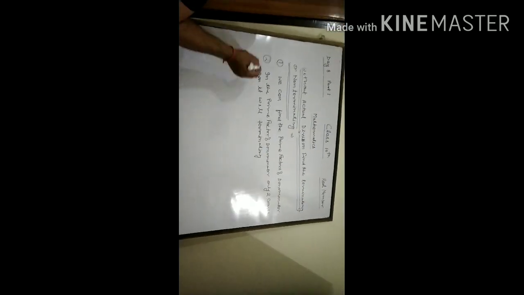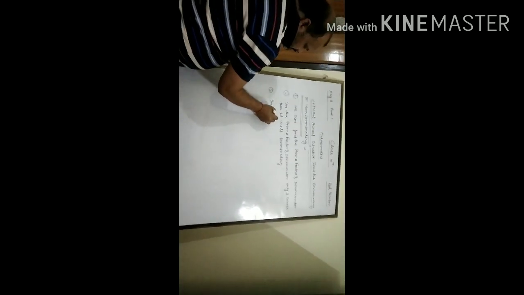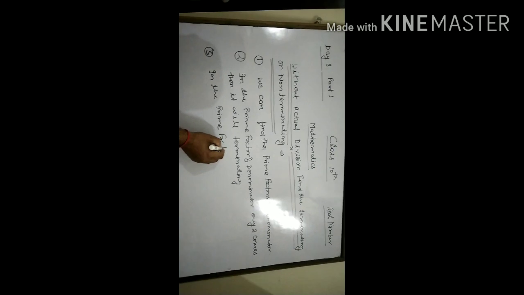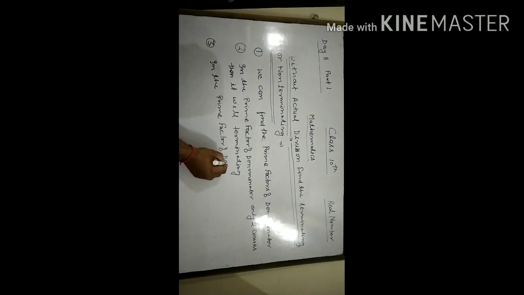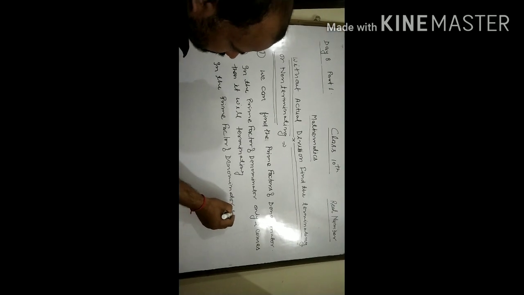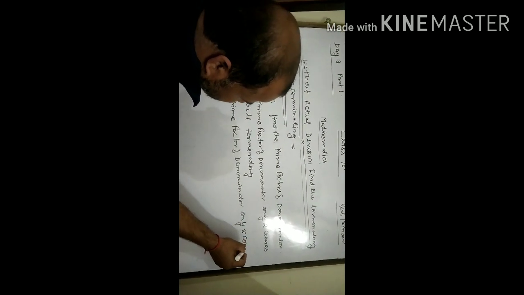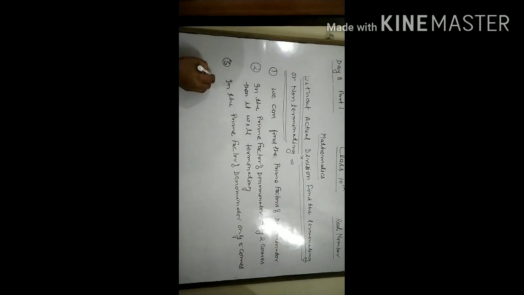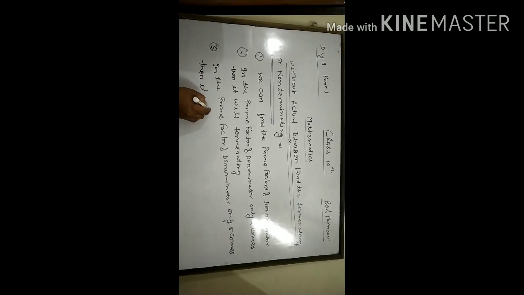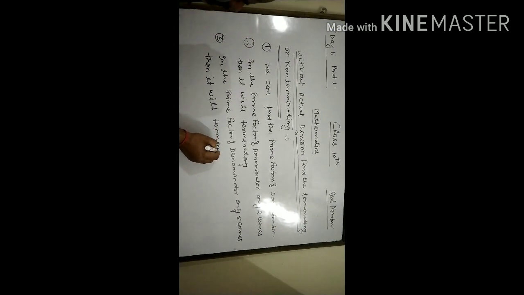Or third step, in the prime factors of the denominator, if only 5 comes, then it will be terminating.